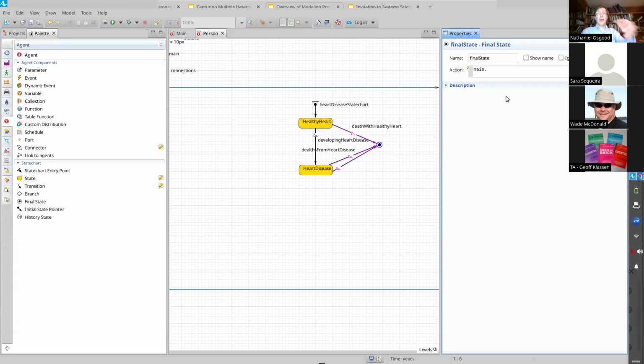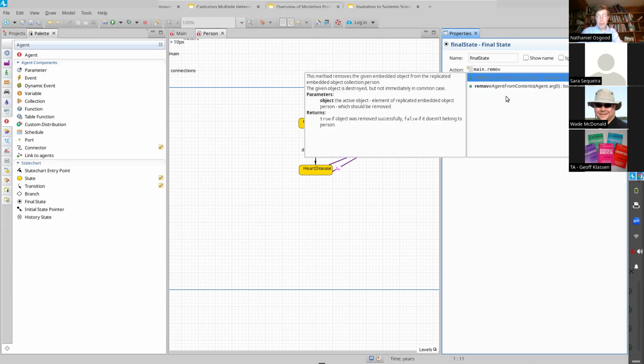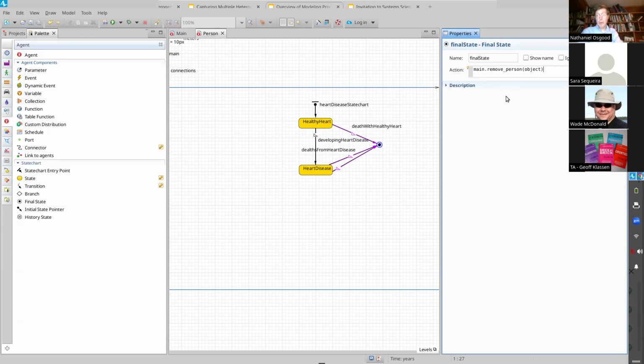You're not talking about removing me from Bangor or Portland or South Brunswick or Monhegan Island. It's Maine with a MAIN. Okay, enough said. Dot remove underbar population. Remove person. Oh, person.